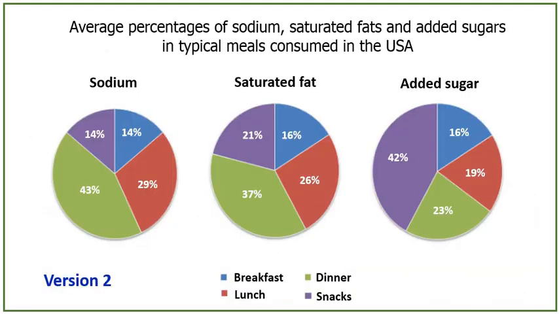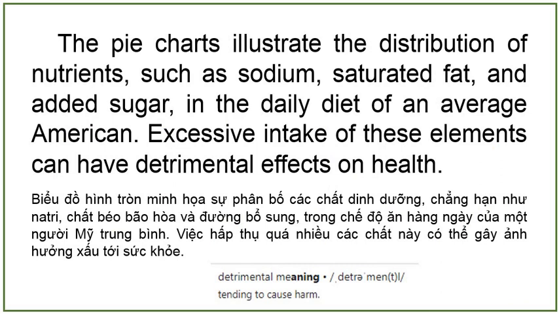Average percentage of sodium, saturated fats, and added sugars in typical meals consumed in the USA. The pie chart illustrates the distribution of nutrients such as sodium, saturated fat, and added sugar in the daily diet of an average American. The excessive intake of these elements can have detrimental effects on health.